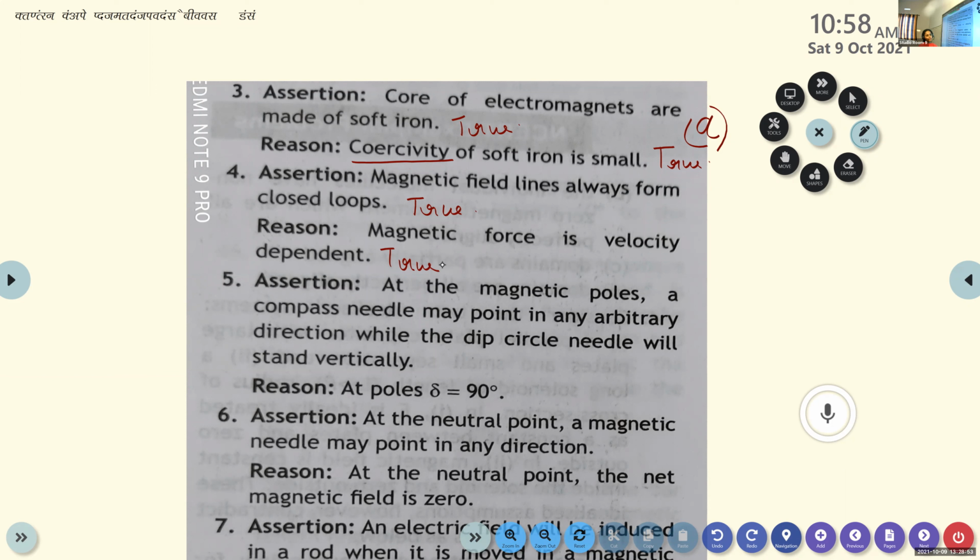No, here the reason is not the correct explanation for the assertion. Both statements are true, but the reason is not the correct explanation for the assertion. So the correct option is option B.